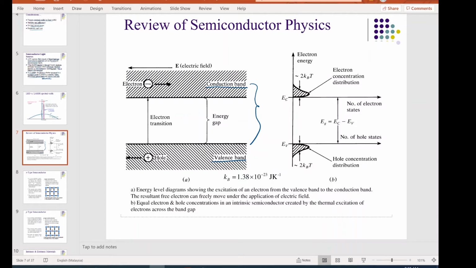When the electron is excited, it will move from the valence band to the conduction band, and when it moves, it leaves an empty space, and this empty space is referred to as a hole. With the presence of an electric field, the electron will drift to this side, while the hole will drift to this side.